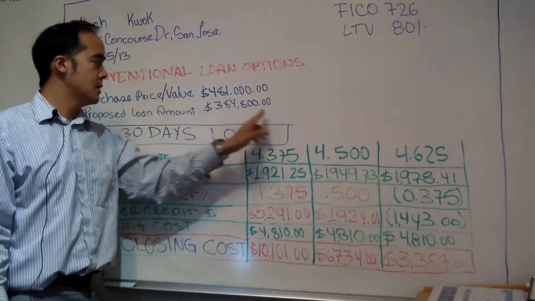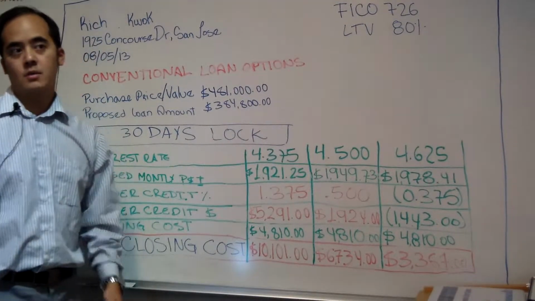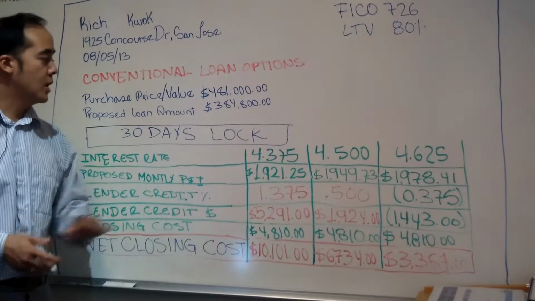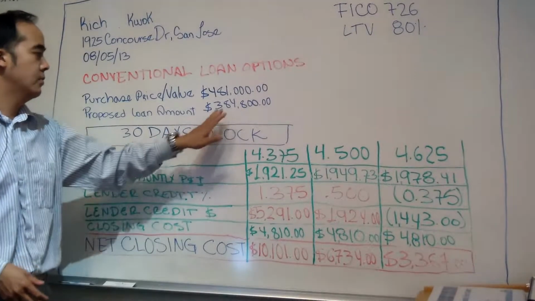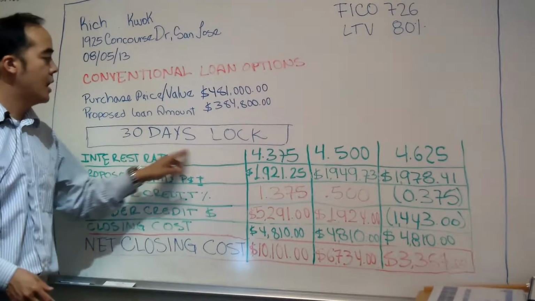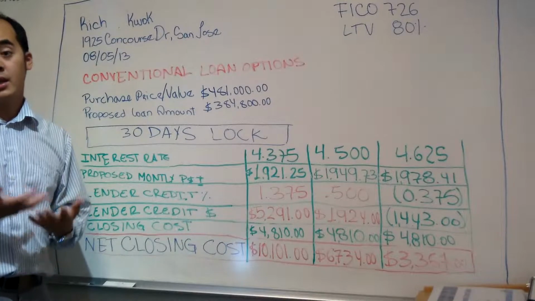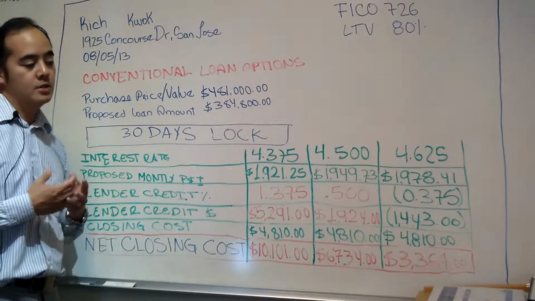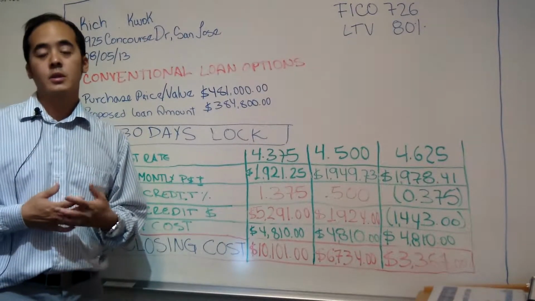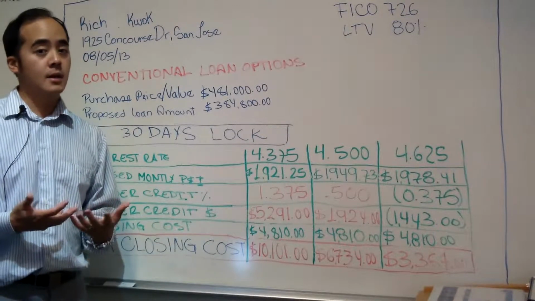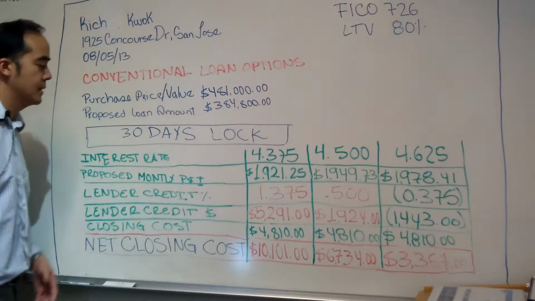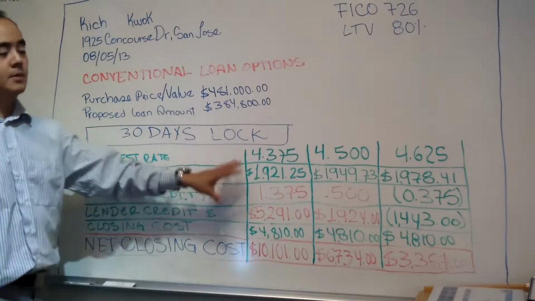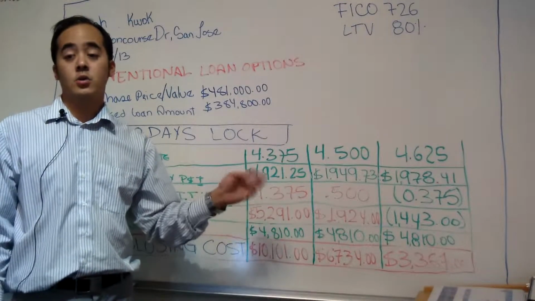Okay, this is an estimate. We usually wait for the payoff to come in to know how much you owe, or look at the credit report. Okay, you're going to see the lock period. By default, we use a 30-day lock period, but if your loan has actually been approved by the underwriter, we can go with the 15-day lock. The 15-day lock actually has cheaper pricing, so you'll be able to get a little bit better rate than the 30-day lock.